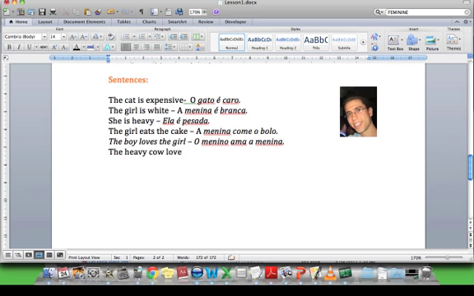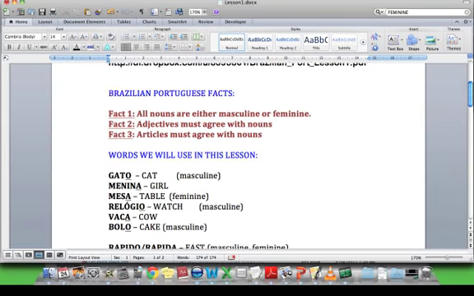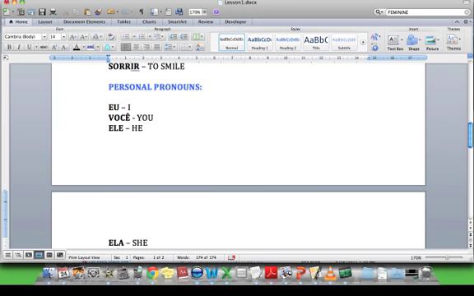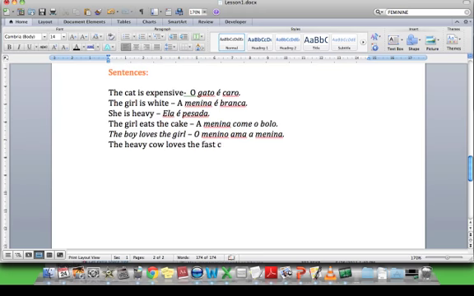The heavy cow loves the fast cat. Very unlikely sentence, but it's actually going to help you from this point on so you can make sentences on your own now that I've given you these patterns.